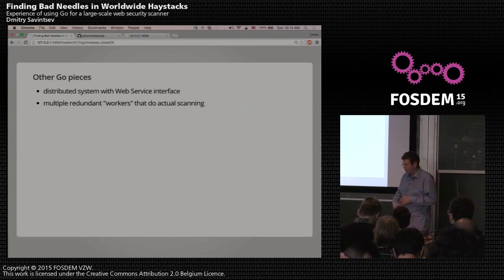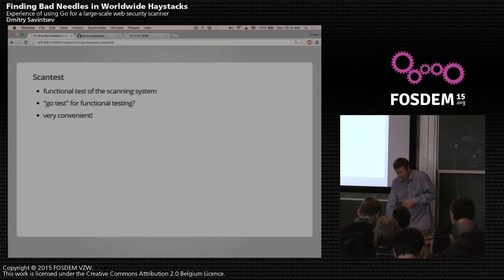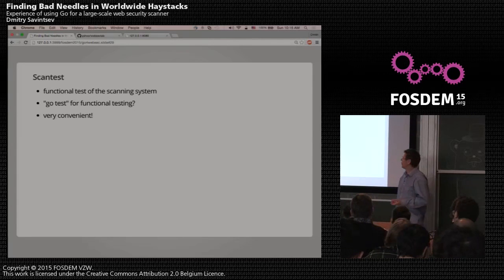That part is also done in Go. We also use Go test, and once you work with Go, I found that it's convenient for functional testing. You do go test and put a build tag on the functional tests, and it worked quite well.